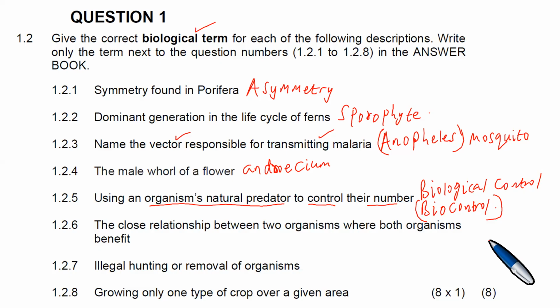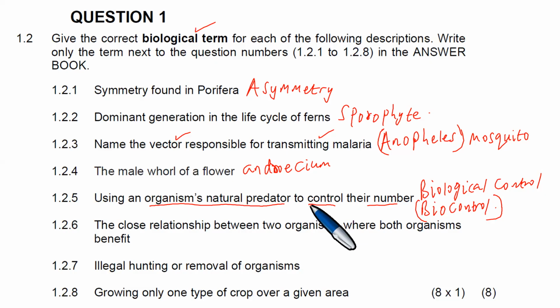Obviously you agree that if you go to the game park or the zoo, you come across animals there, you come across species, and then you come across natural predators. The natural predators are used to control the numbers of organisms.